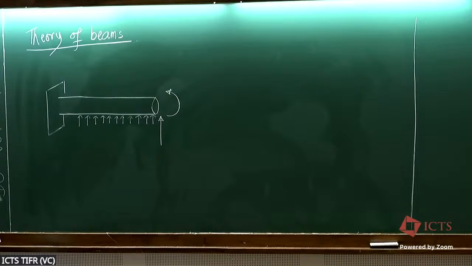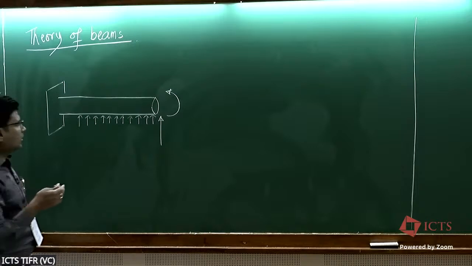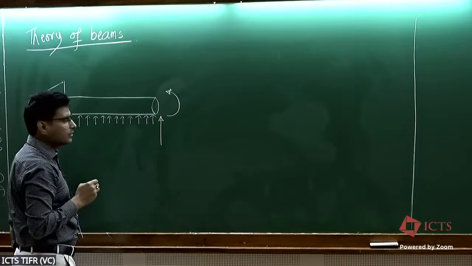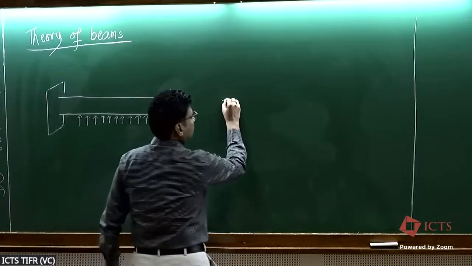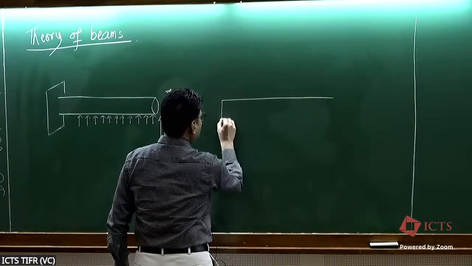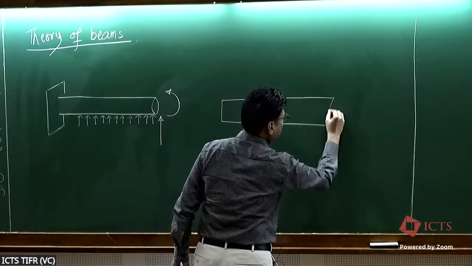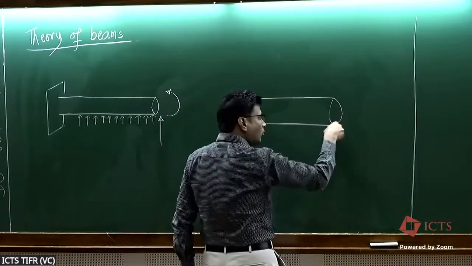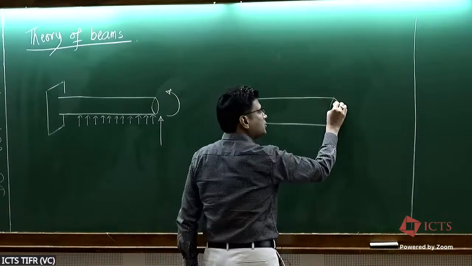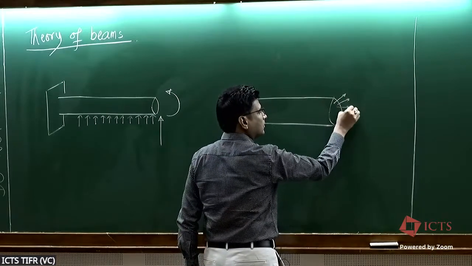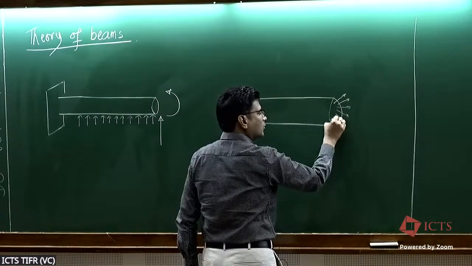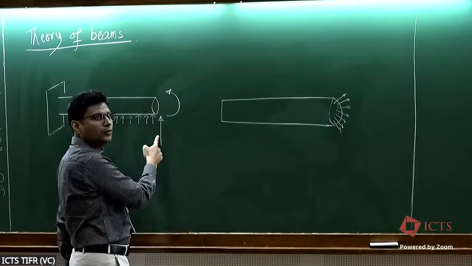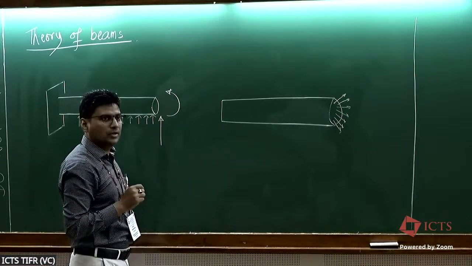So when you look at it from the 3D perspective, how do these forces and moments arise? If I just try to draw the same thing from a 3D perspective, then over this cross-section, you have a distribution of traction which is statically equivalent to one force and a moment.